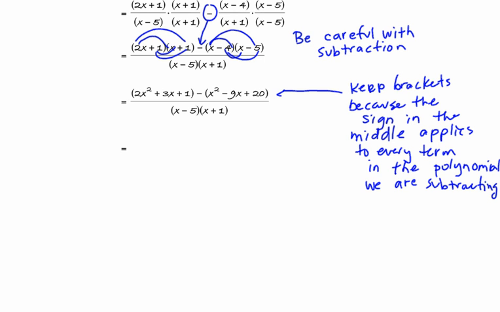Okay, so how are we going to rewrite this? We want to get rid of these brackets so we can collect like terms. So how do we apply this negative to everybody? Yeah, Tamara? Yeah, distribute. It's like a -1. We're going to distribute the negative. We're basically switching all the signs to change it into addition. So now we can write it without the brackets. 2x squared plus 3x plus 1.